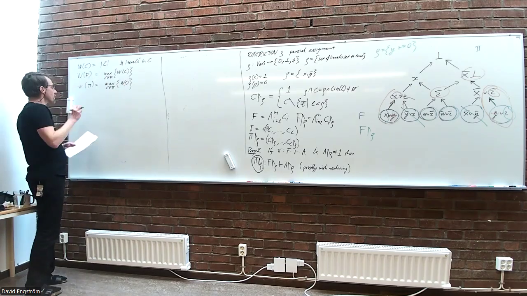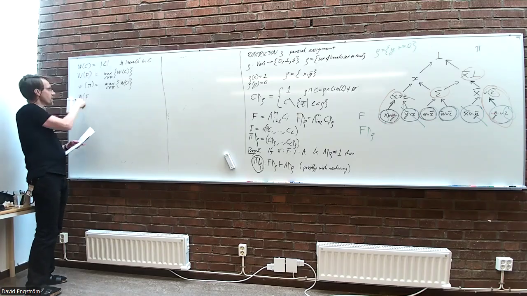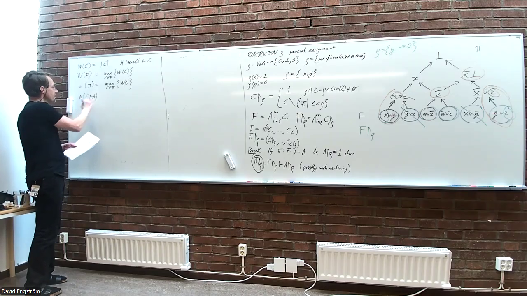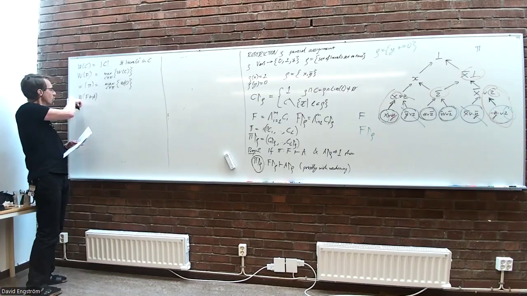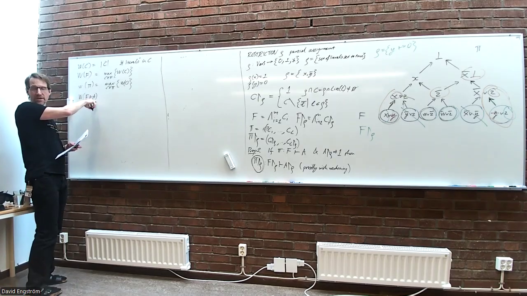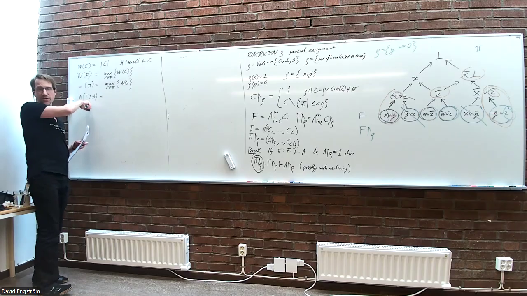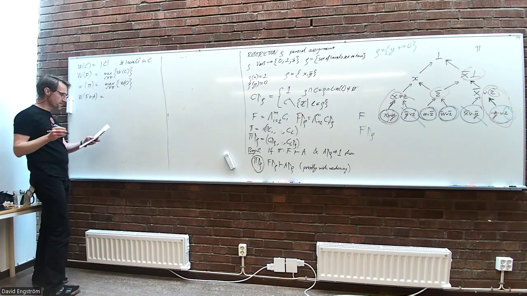Now, a piece of notation that we will use is the following. If F is a CNF formula and A is any clause, I can write the width of deriving A from F, assuming that this is possible. If this is not possible, then this is going to be infinity.